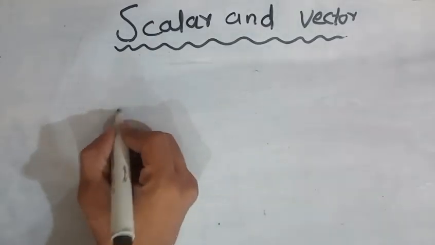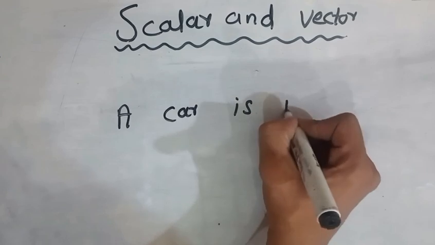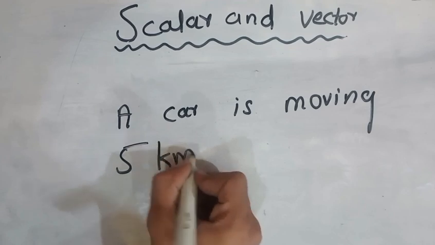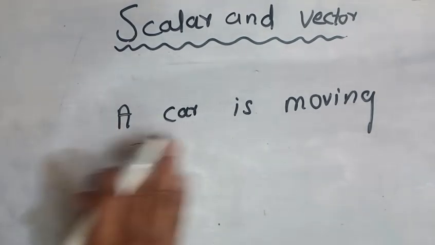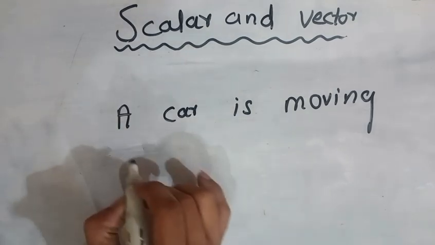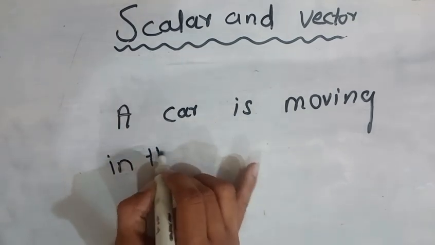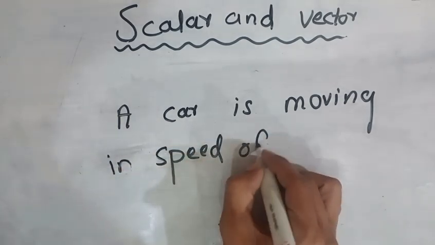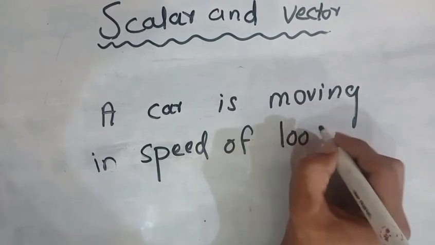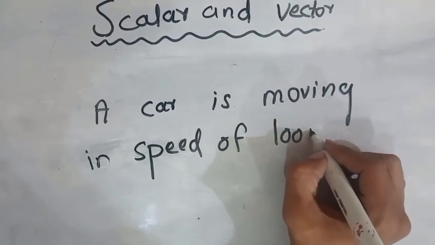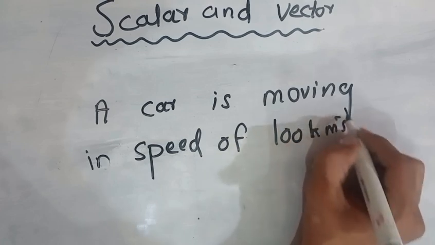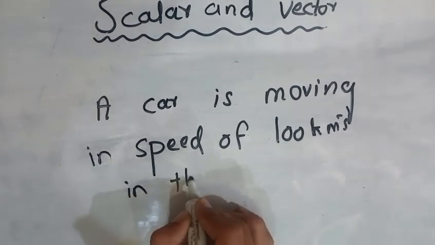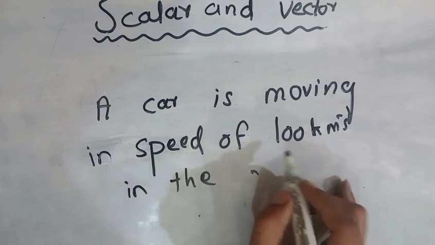Another example is a car moving at a speed of 100 kilometer per second in some direction.